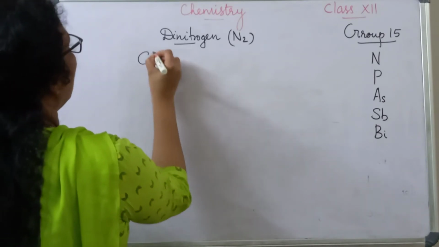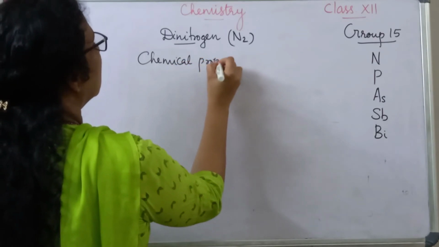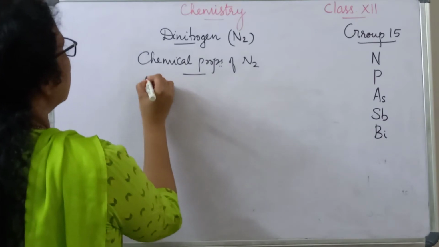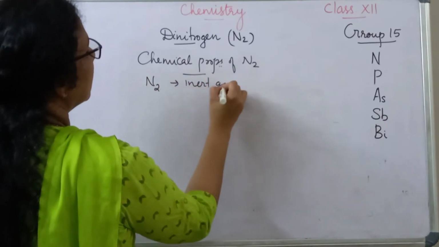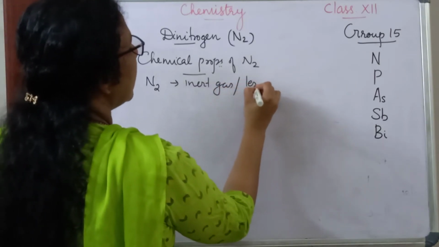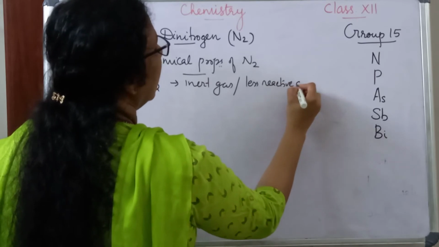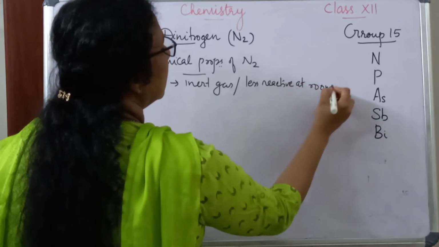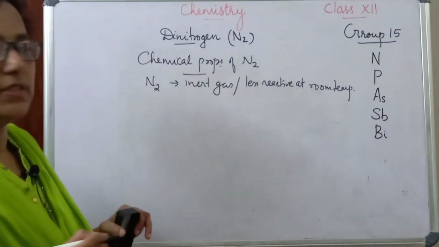What are the chemical properties of nitrogen? You know nitrogen is an inert gas, or we can say it is less reactive at room temperature.